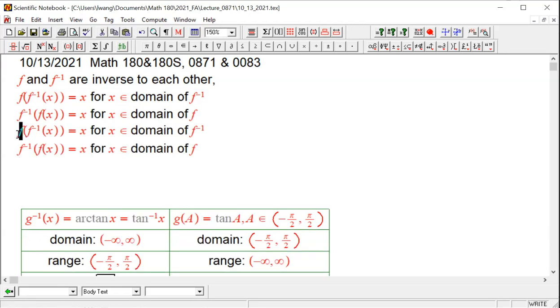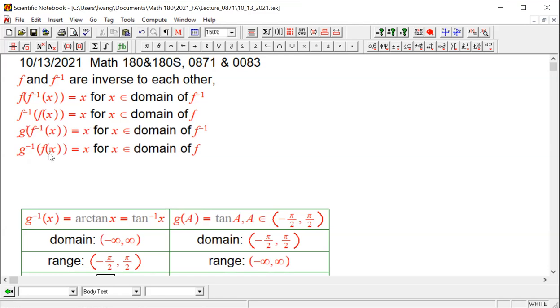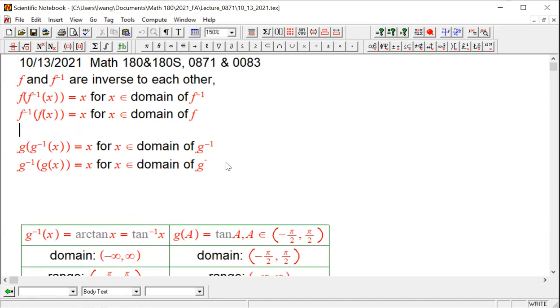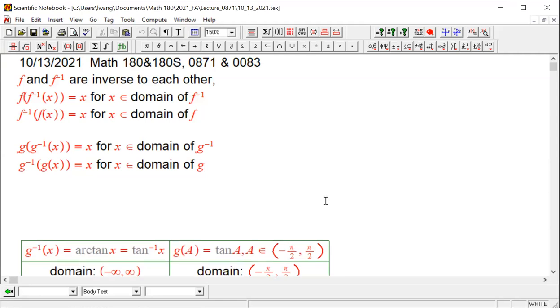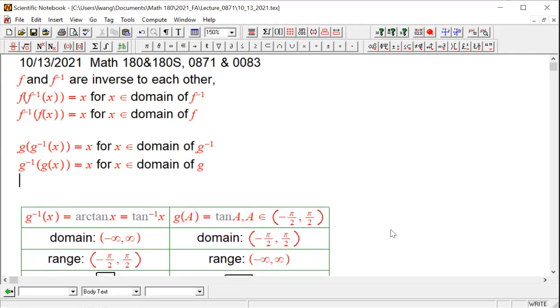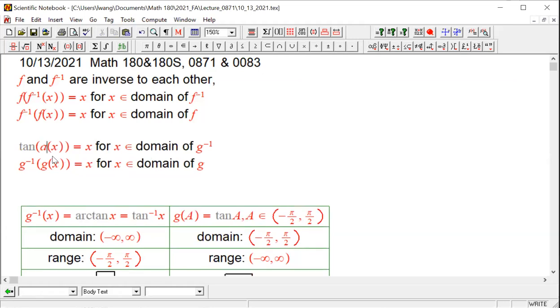So all you have to do is just change to g and g inverse. Do you guys follow me? The domain of g inverse, the domain of g, no difference, right? And now it's time to put those specifics in place. g, what is g? g is tangent. g inverse, what is g inverse? Arctangent.